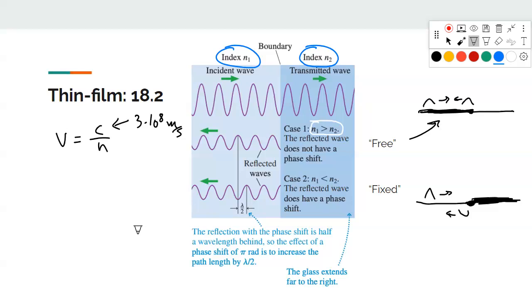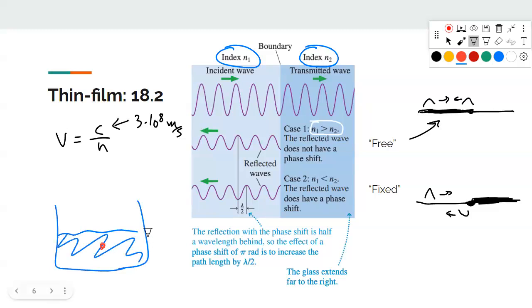An example of this would be if you shine a flashlight under the water of a pool. Just to draw this out, we have a pool. If I shine my flashlight out of the water of a pool, in the pool the index of refraction is like 1.33. Out of it, if it's air, the index of refraction is basically 1.